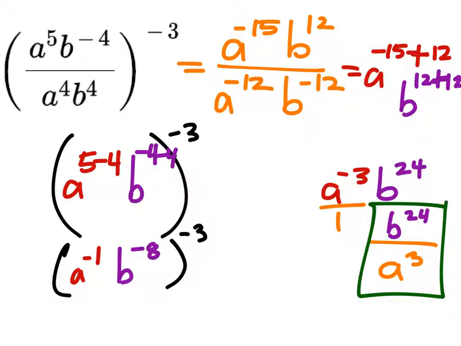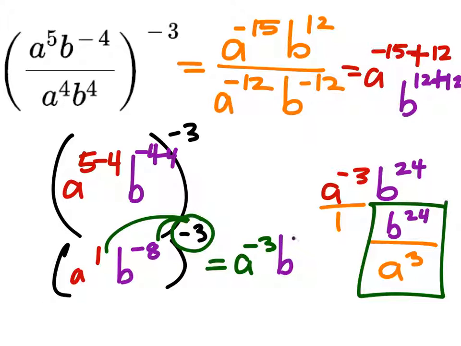So it's at this point that I would distribute this negative 3 into the parentheses to get a to the power of, that wasn't looking right, that's a positive 1 right there in red, a to the power of negative 3 times b to the power of positive 24, and we end up with the same expression that we had right here, which will give us this final answer anyways.